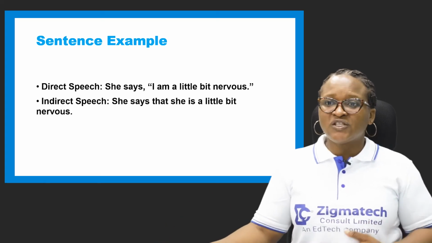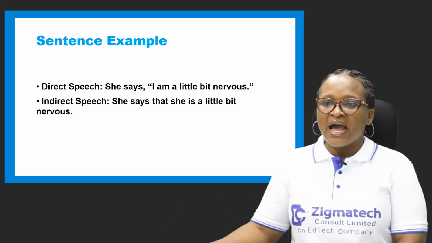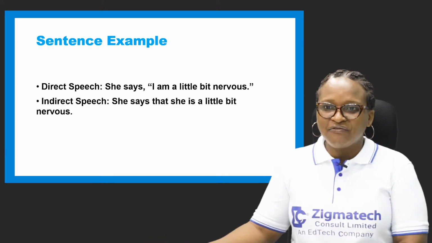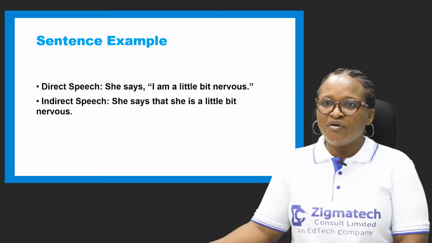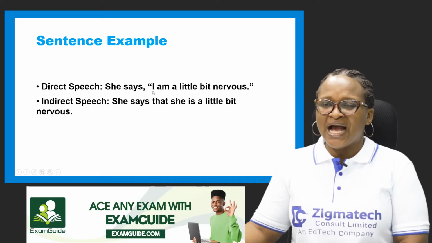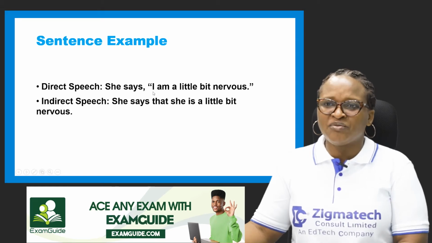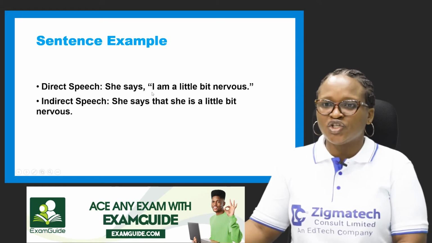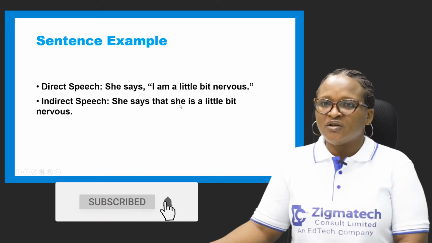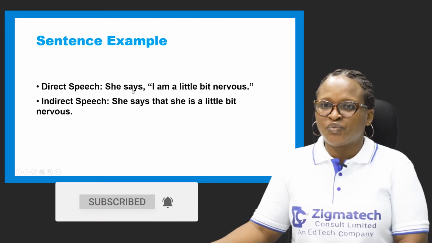Now, in indirect speech of she says, I am a little bit nervous, we have, she says that. Remember when I was introducing the direct speech and we had a little diagram explaining that, I told us that when you have I, the first person pronoun, in a direct speech, once you are changing to indirect speech, you change it based on the reporting speech.